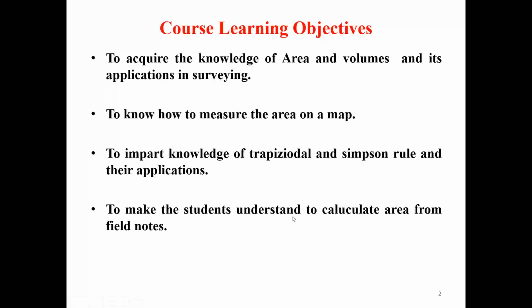Already I have defined the area, then the units of area in metric systems, that is hectares, square kilometer and square meter. The area is calculated by the following methods.